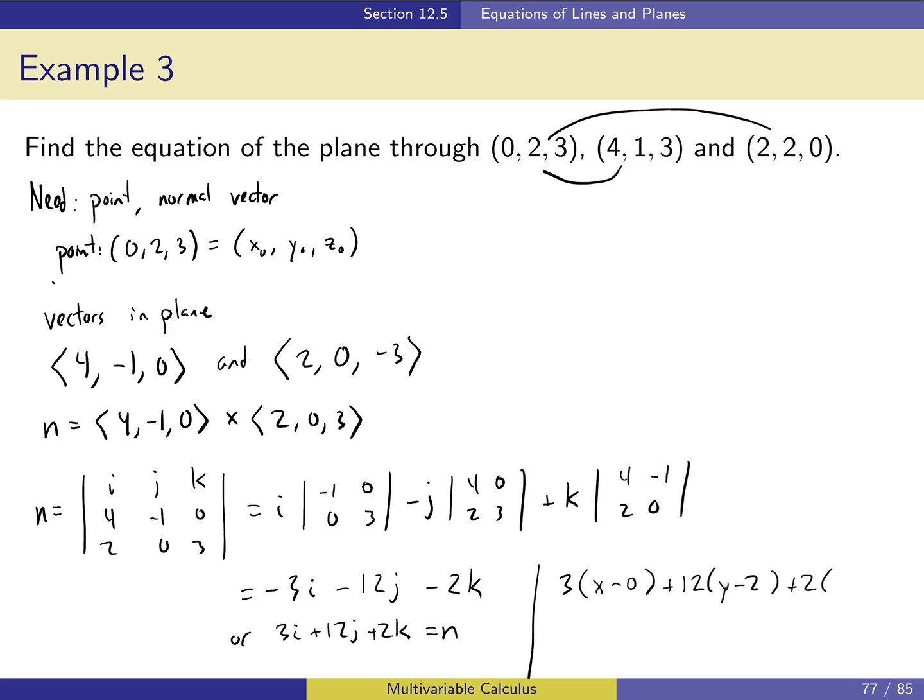Plus 2 times (z minus 3) equals 0. That's completely correct. If we like, we could distribute, and we could get 3x plus 12y plus 2z, and we're going to have a minus 24 and a minus 6, so minus 30 equals 0. Either of these is correct.